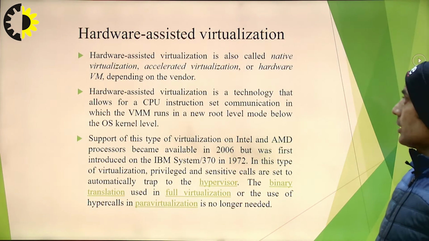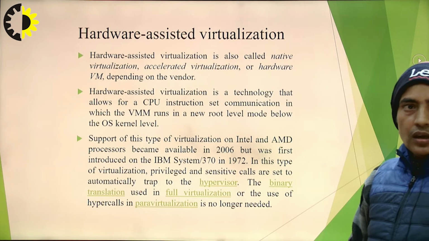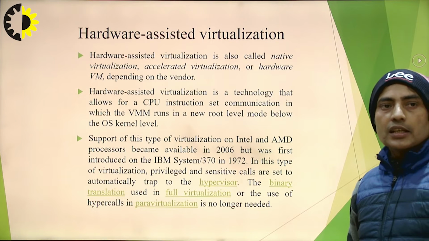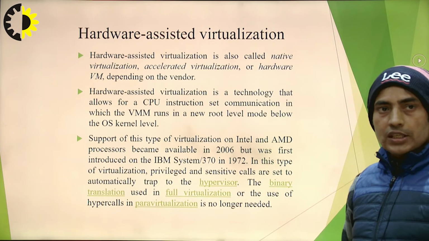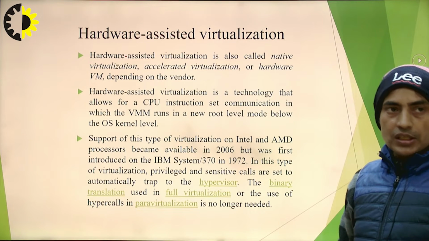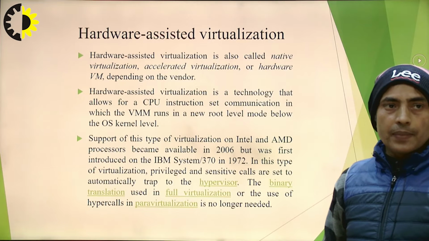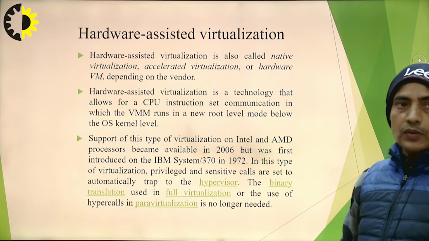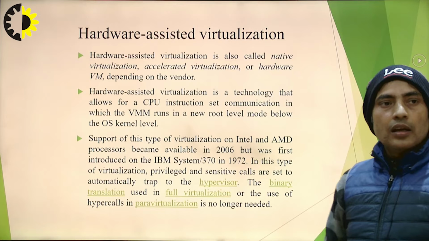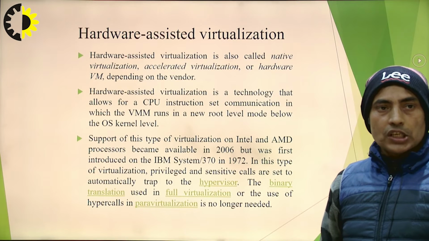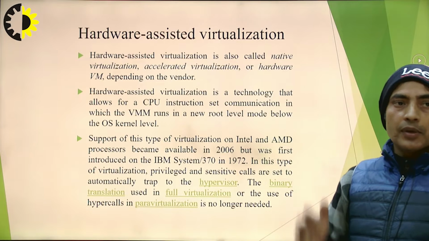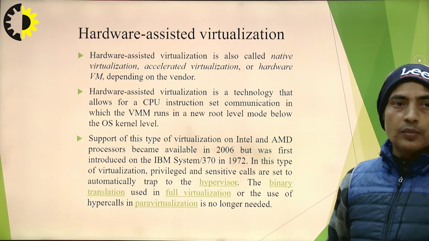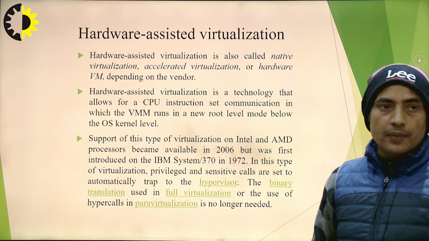Then hardware assisted virtualization. Hardware assisted virtualization is also called native virtualization, accelerated virtualization, or hardware virtual machines, depending on the vendor. It is a technology that allows CPU instruction set communication in which the VMM runs in a new root level mode below the OS kernel level.